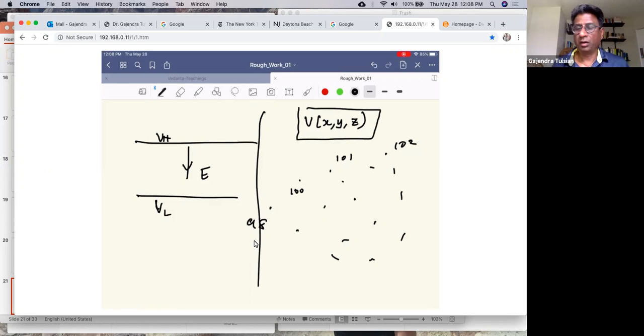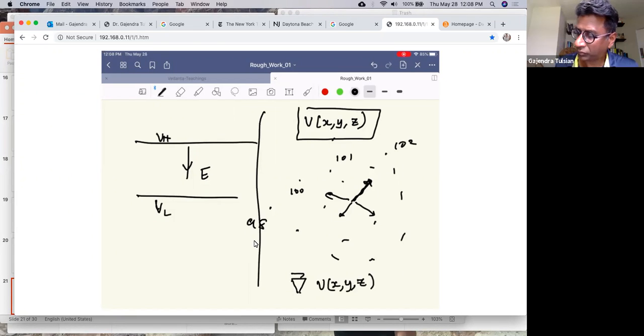At any given location, we want to know in which direction the function increases the fastest. Does it increase the fastest in this direction, this direction, that direction? If you ask the question, the direction in which it increases the fastest and the rate of increase in that direction, that is what the gradient of the function gives.